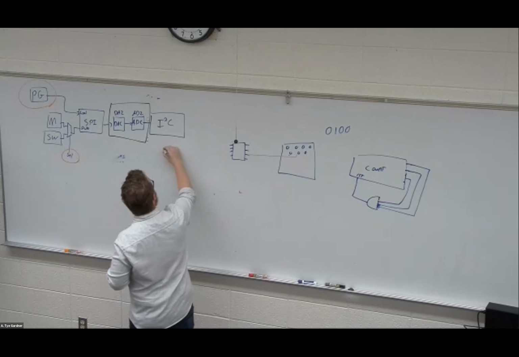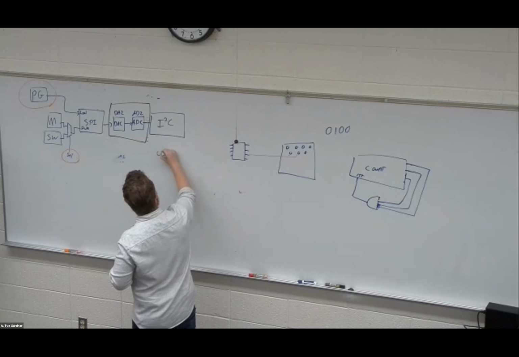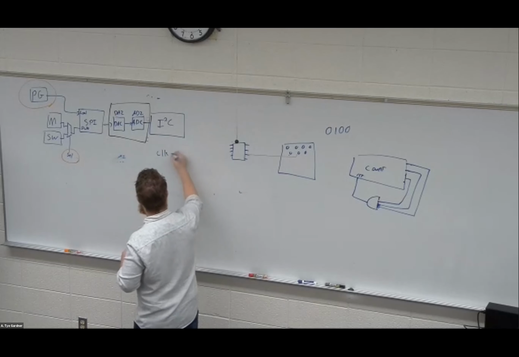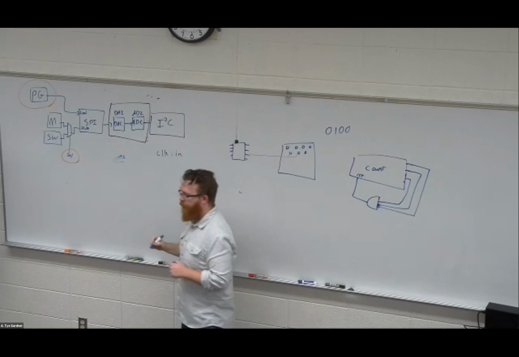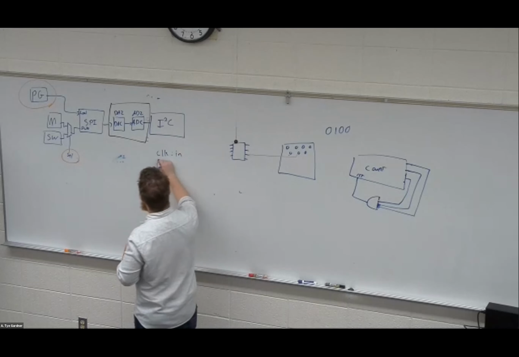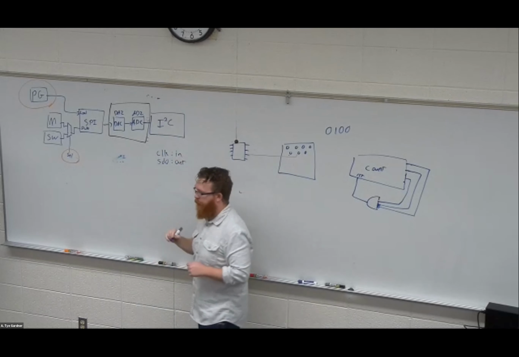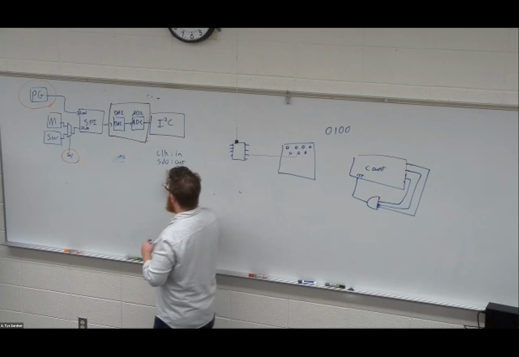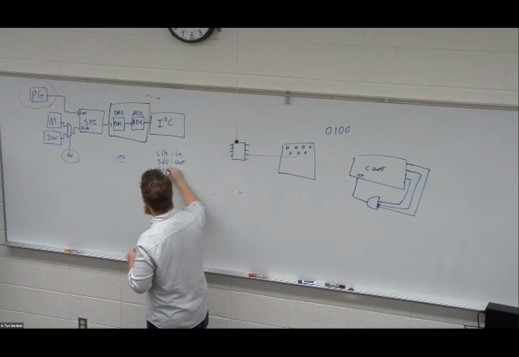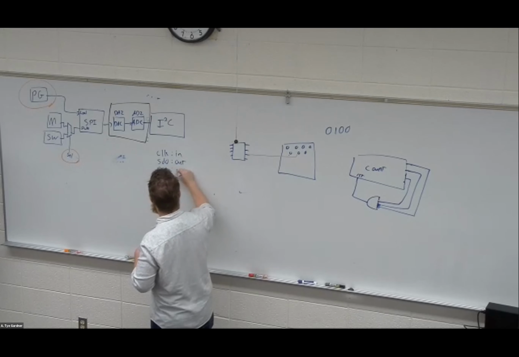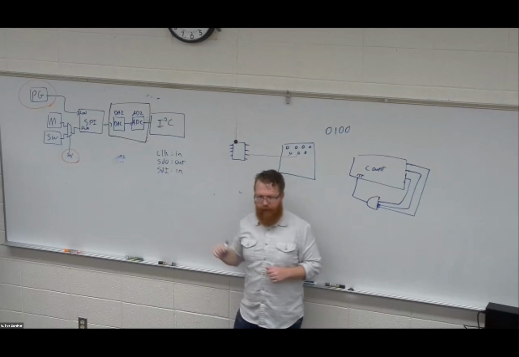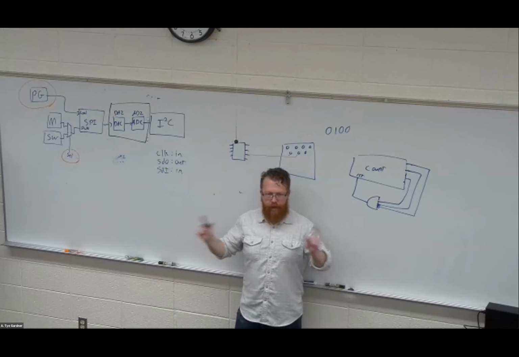I'm going to cross over here. So its ports are going to be a clock, which is my input, right? Serial data out, which is my output. This one, well, I'll do it this way, serial data in, right? So I'm going to have a 2-way communication, and I'm done.